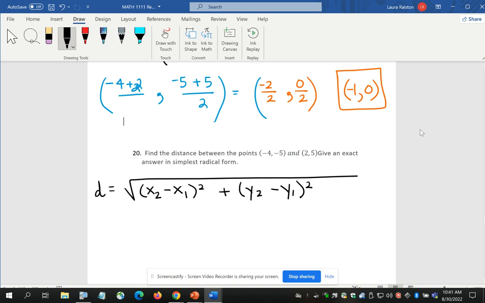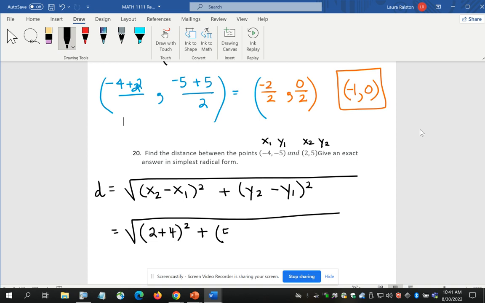Okay, so again, it's a substitution. You have x1, y1, x2, y2. Okay, so we have the square root of 2 minus a minus 4, which is plus 4, squared, plus 5 minus a minus 5, which is plus 5, squared.